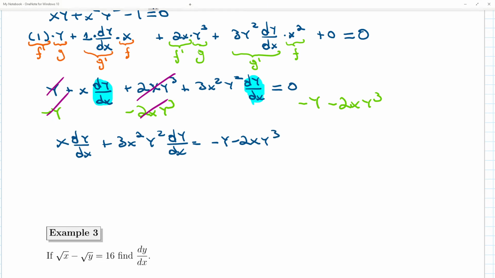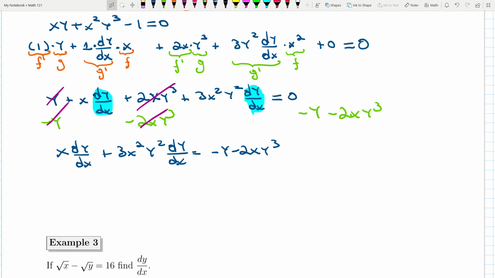And well, we want to solve for dy/dx. So again, let's keep highlighting what I want to solve for. So I want to solve for this. And notice, the idea of leaving these two terms that contain the dy/dx on the left hand side is to make a greatest common factor out of it.